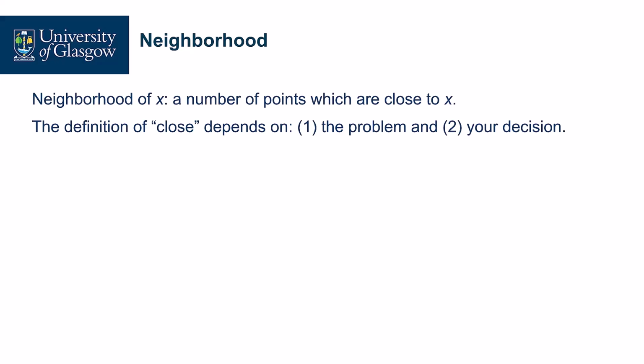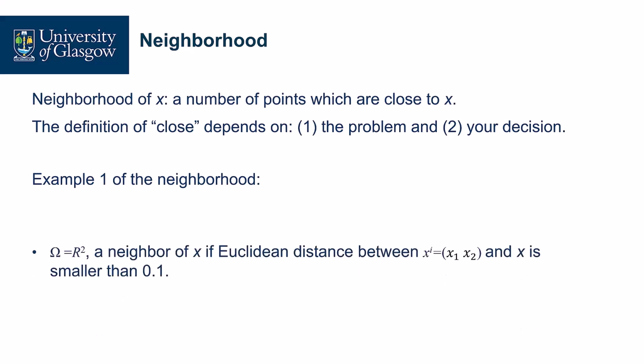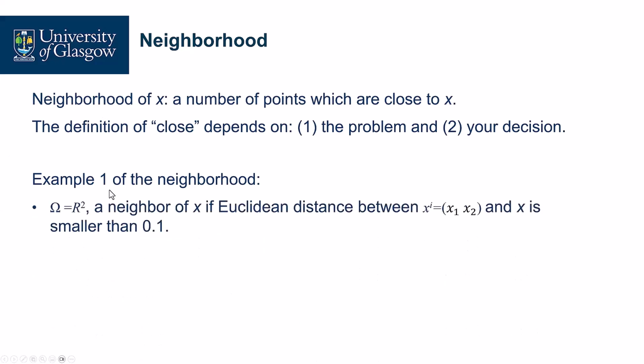Close depends on two things. First is the problem itself, so how to represent the solutions. The second is your decision. Let's see an example first. Here we are in the real space, two-dimensional, and a neighbor of x I define is that if the Euclidean distance between x and xi, this vector, is smaller than 0.1.